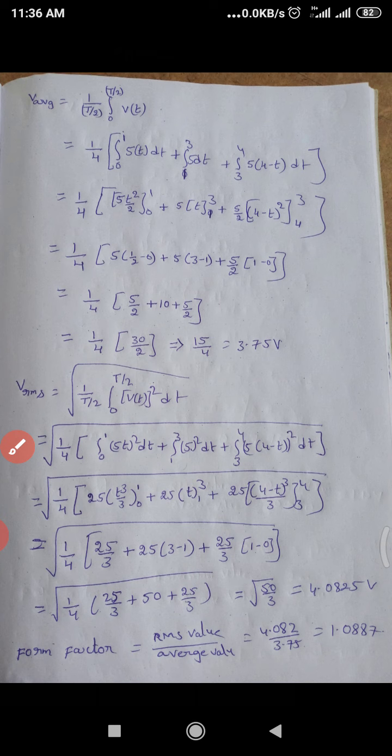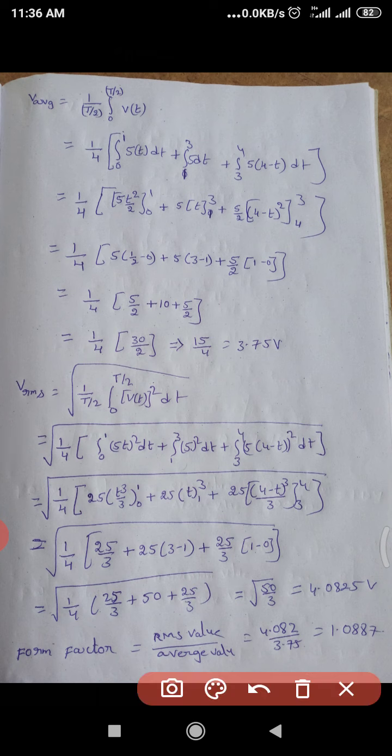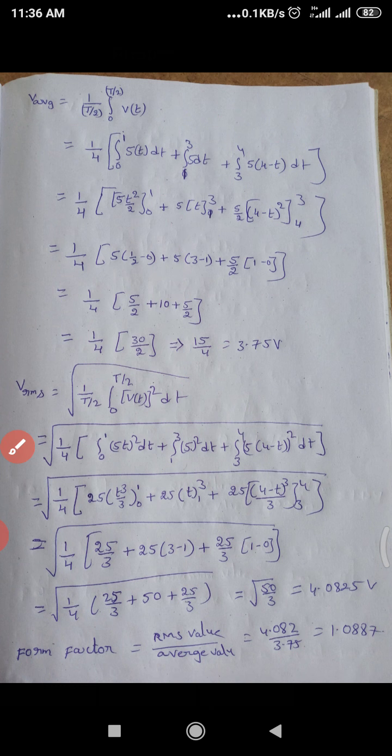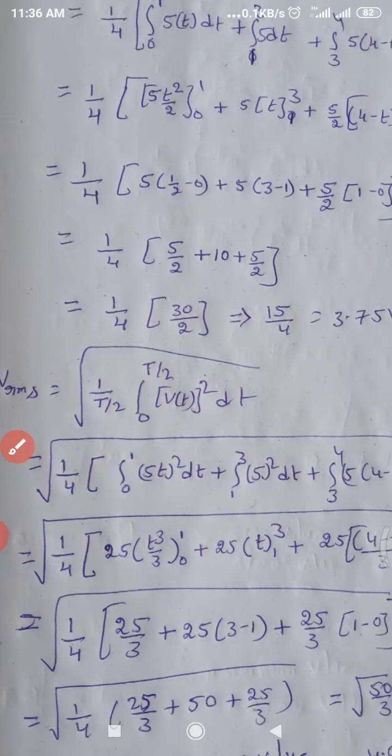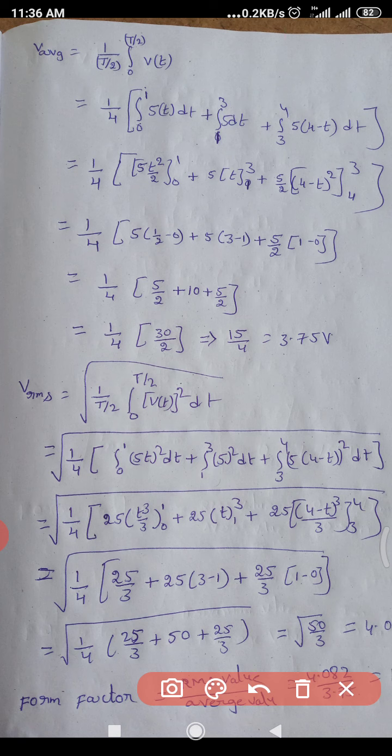So next we have to calculate the RMS value like the average value. The difference between the average and RMS value is that here we are getting the square terms for the expression.